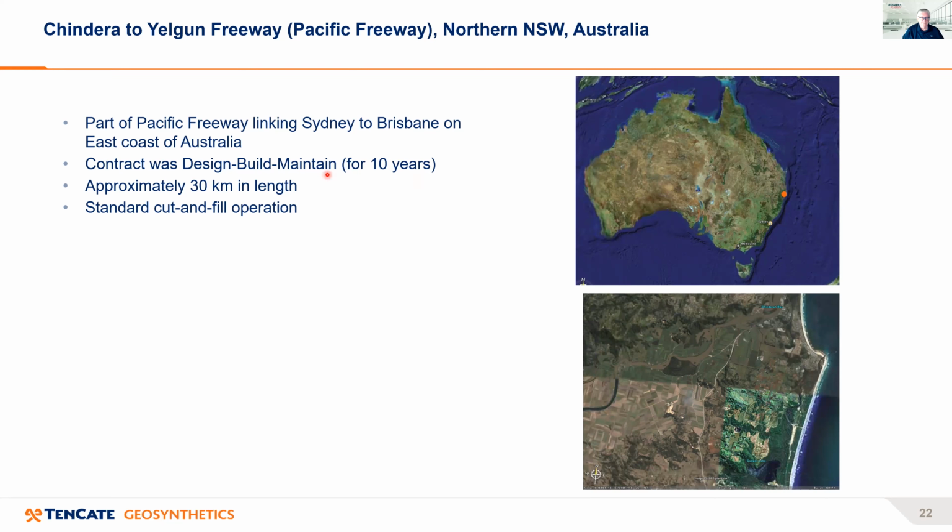In the bottom photograph, the coast is on the right here. Just up above the photograph is actually the Queensland border. You can see the existing Pacific Highway coming down through here and running out towards the southwest. And this is the new freeway section, which starts here and runs south down here, much closer to the coastline.